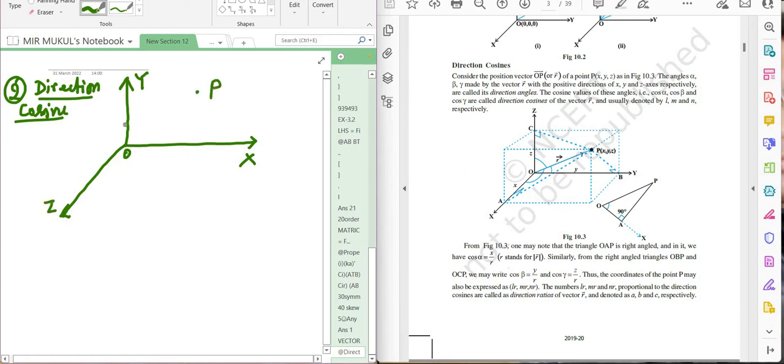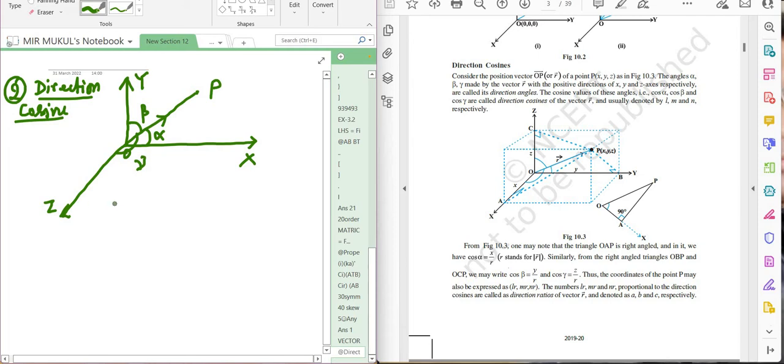Here P is any point and OP is the position vector of point P. Suppose this vector makes angle alpha with x-axis, beta with y-axis, and gamma with z-axis.